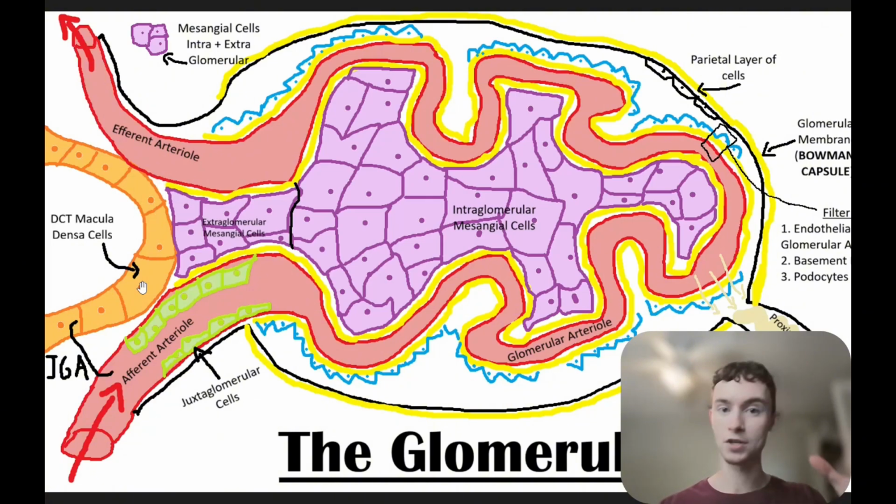And the specialized cells are called the macula densa. They have a very important role, and their role is to sense the amount of sodium and chloride in the urine as it's traveling by within the distal convoluted tubule. And it has a very important role in the entire blood pressure regulation of this system. For example, if the macula densa cells sense an increase in sodium, or a lot of sodium in the urine, that would indicate that there's a lot of filtration going on, maybe the blood pressure's too high.